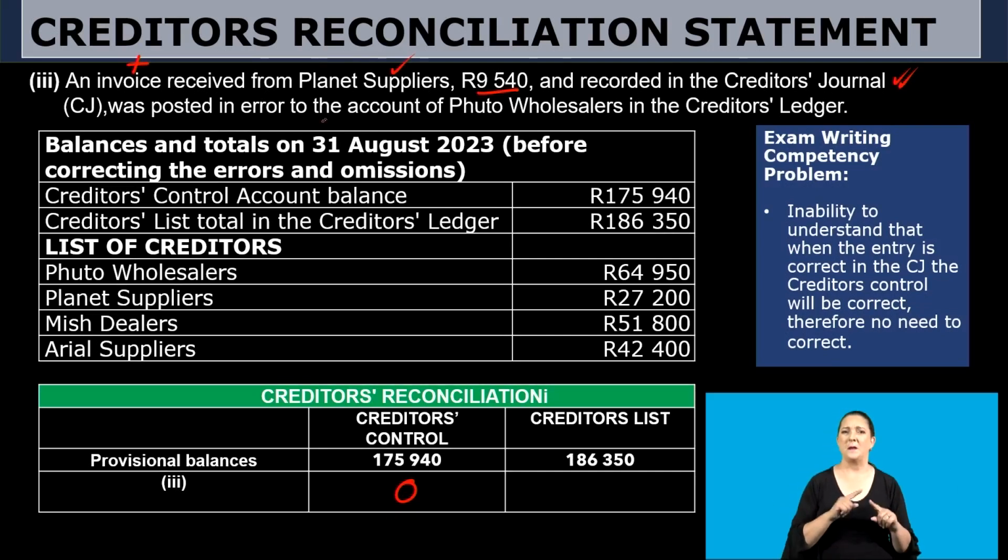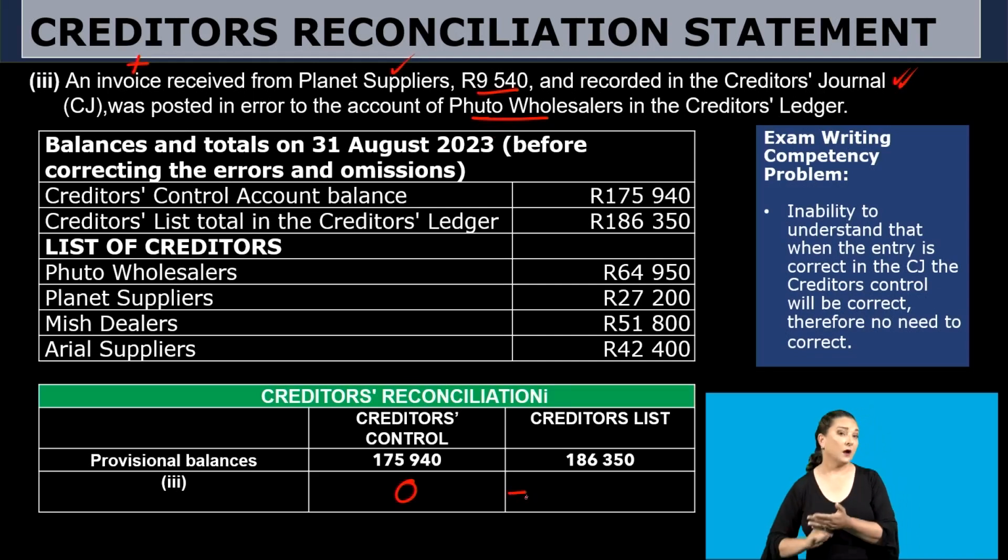However, it was posted in error to the account of Puto wholesalers. Okay, so what do we do now? We come and subtract it first from Puto. It's an invoice. So we posted it to Puto. In other words, we added it to Puto. So if we added it to Puto, we must come and subtract it from Puto. Minus how much?